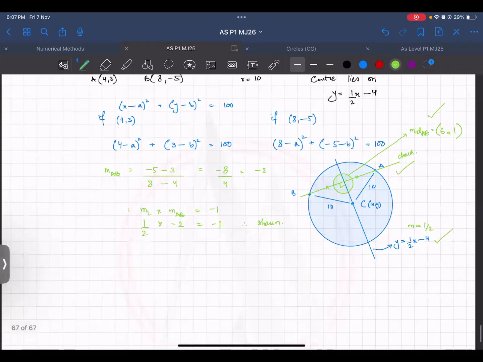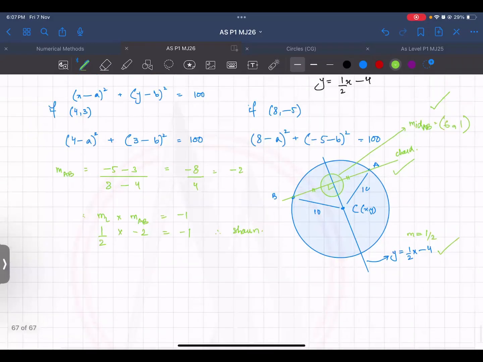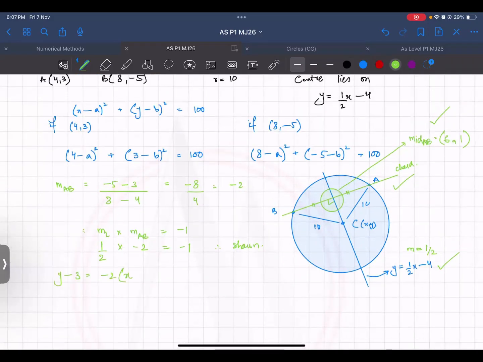So if I find the equation of AB, it will be y - 3 = -2(x - 4). So y = -2x + 8 + 3, so plus 11. This is your equation of AB, and y = (1/2)x - 4 is the equation of the line that they gave us.